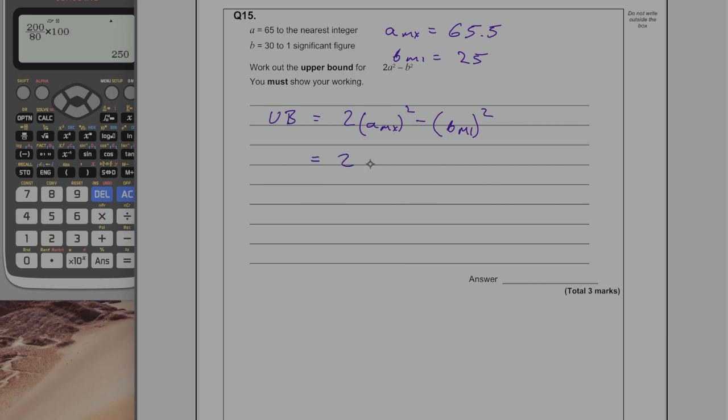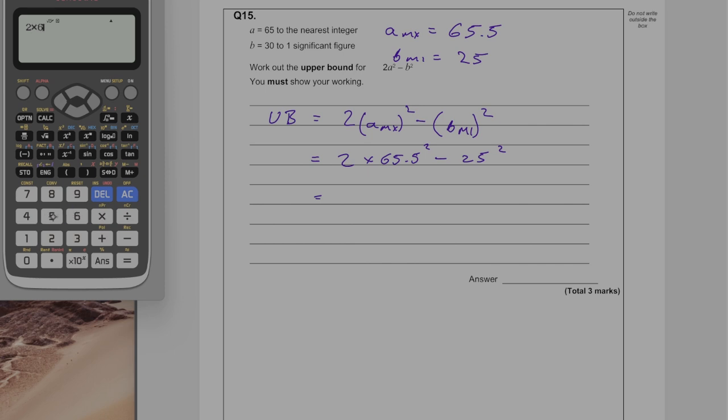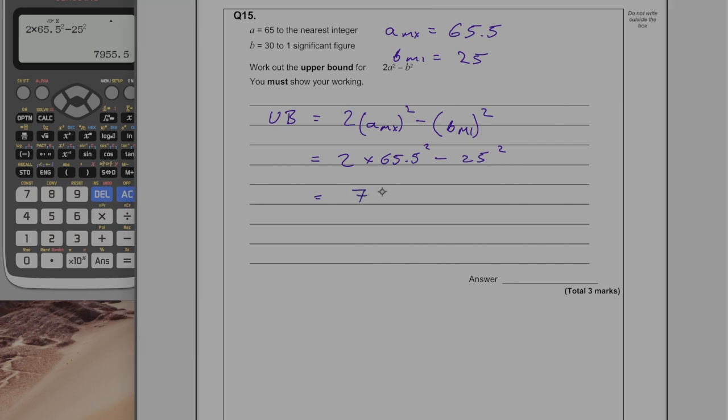So 2 lots of 65.5 squared minus 25 squared. So 2 times 65.5 squared minus 25 squared. So I'm looking at 7,955.5.